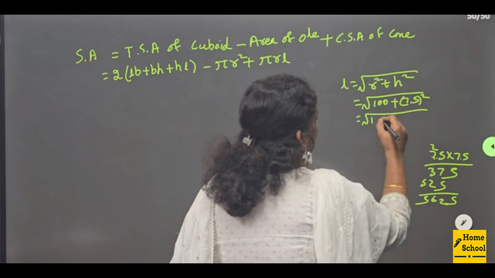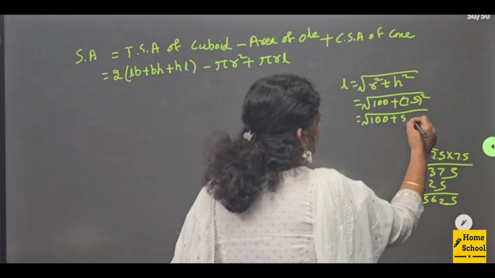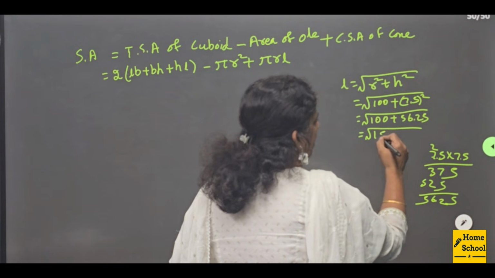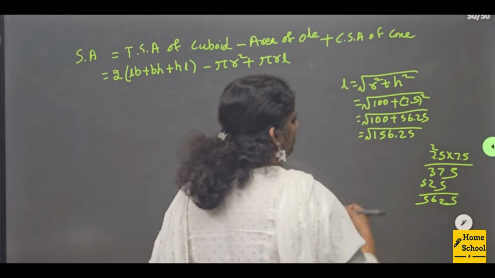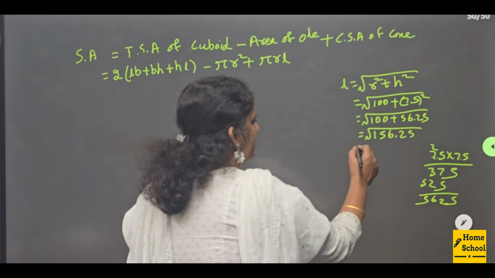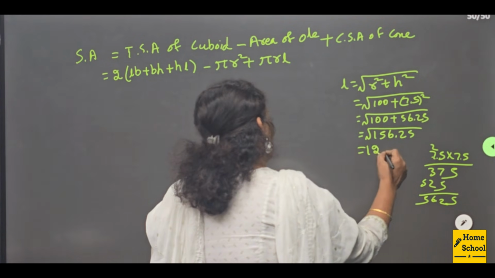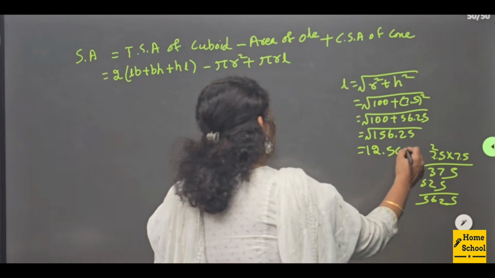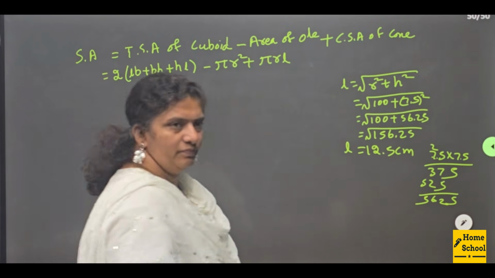If you add with 100, 156.25, we are going to get square root of 156.25. Find the square root. We know the square root directly, you can say this is 12.5. 12.5 centimeters is the slant height of the cone.